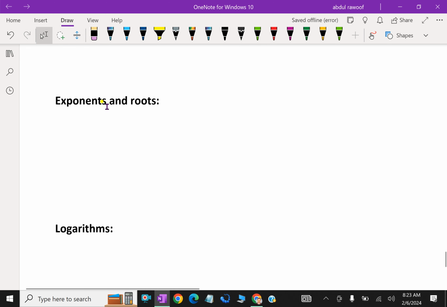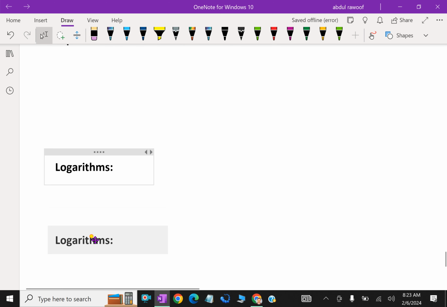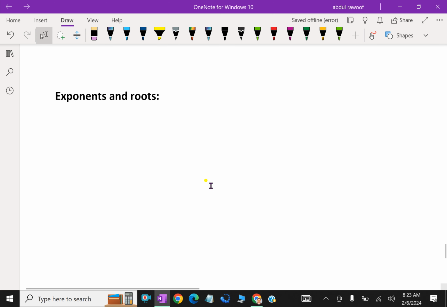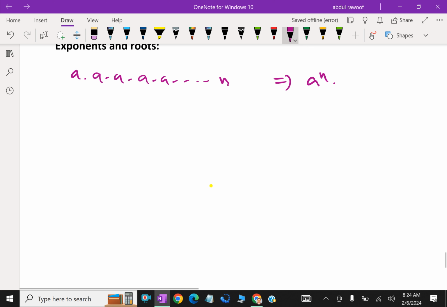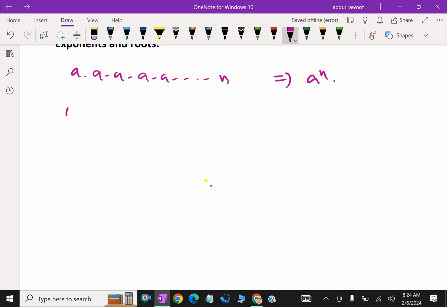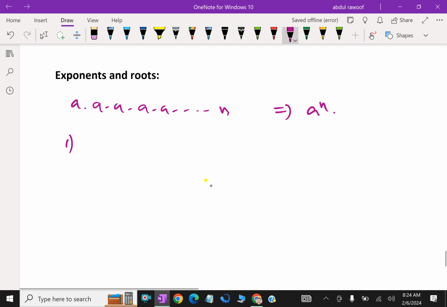Next one, exponents and roots. The product of A into A into A into A, up to n numbers, gives A power n. Now, the rules we can find here.